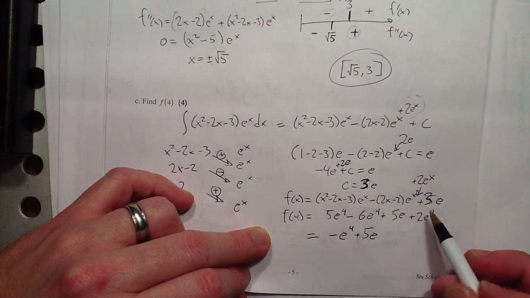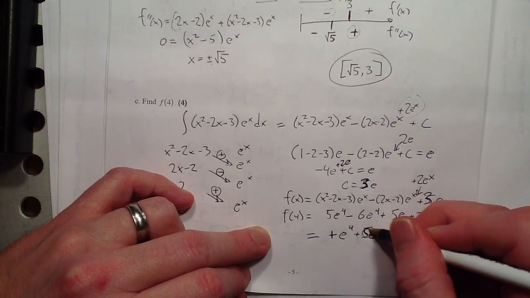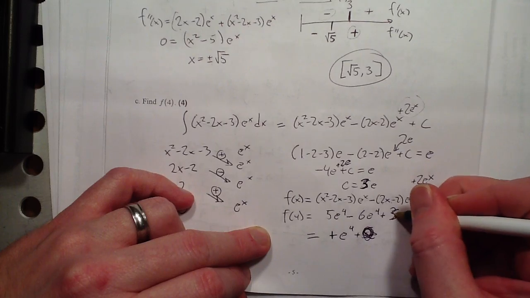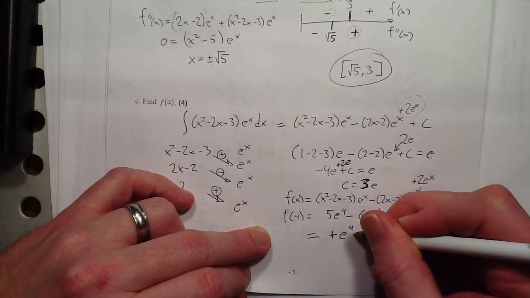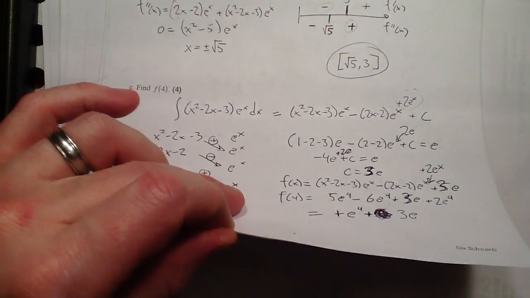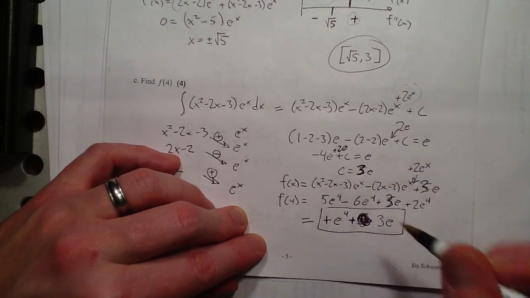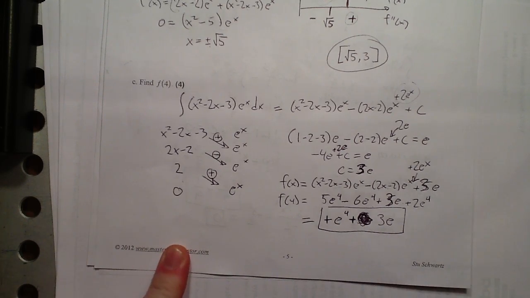So adding another 2e to the 4th is going to make that positive. And then my c there, that's 3e. So sorry about that. But yeah, I did this one before, and that's the same thing that I got before. I didn't make that mistake, so sorry about that mess. But e to the 4th plus 3e, that's the correct answer.